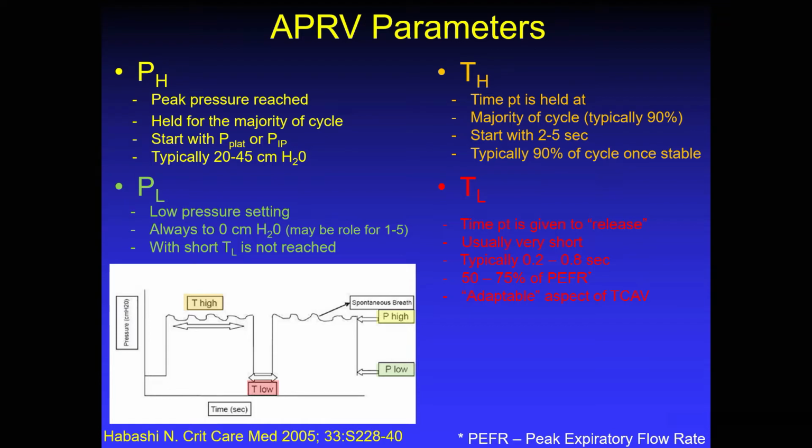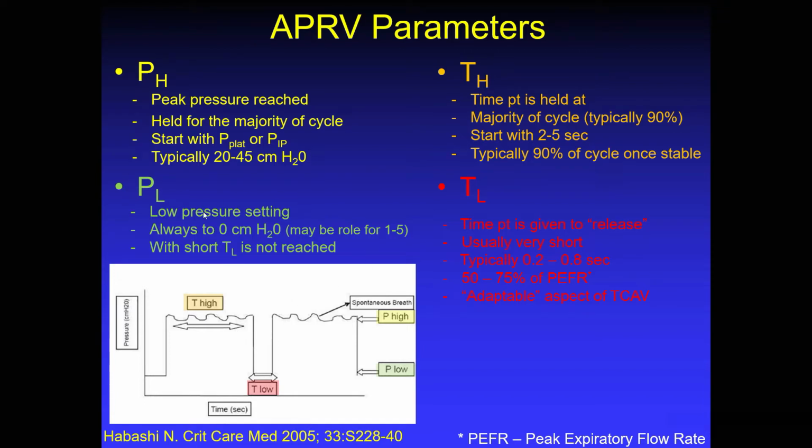And then gradually, as the lungs recruit, you can utilize, as Dr. Habashi calls it, dropping and stretching, where the P high is gradually dropped while the T high is increased, and the patient is ultimately weaned toward pure CPAP in that fashion, because APRV, again, is CPAP plus releases. If you take APRV minus releases, that equals CPAP, and then you're ready to essentially extubate the patient soon thereafter.